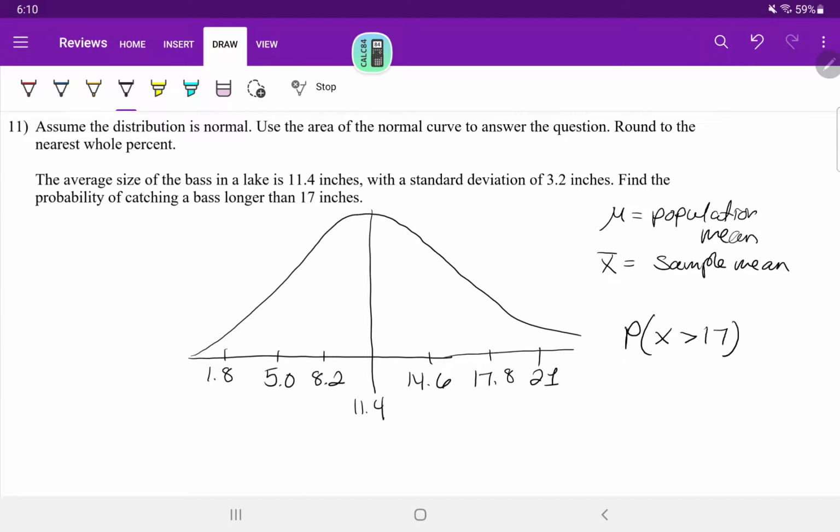Let's find out where 17 will fall on this curve. 17 will fall right about here. And it says longer than 17 inches, which means we're going to shade the area beyond 17 inches.